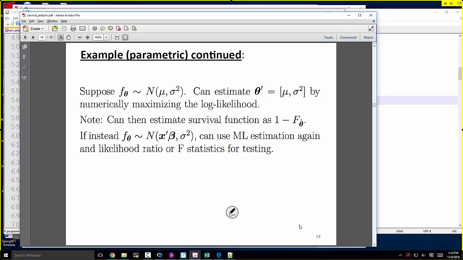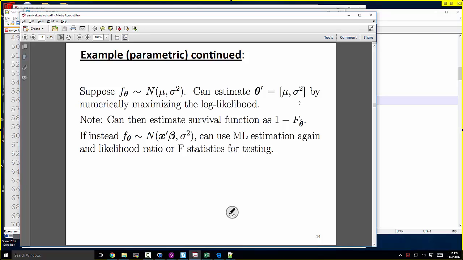So what I'll show you in the script in just a second is how we can do that maximum likelihood estimate when we have normally distributed log survival times. If we say f theta is normal with mean mu and variance sigma squared, then theta is the two parameters mu and sigma squared. And what we need to do is maximize the log likelihood with respect to those two things.